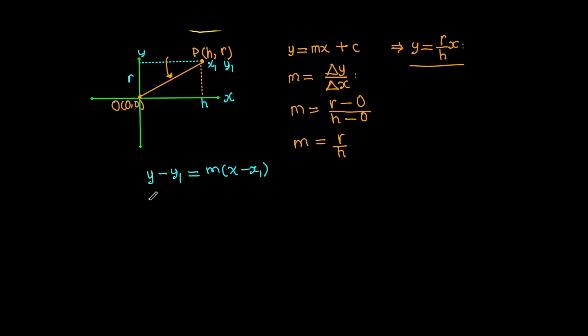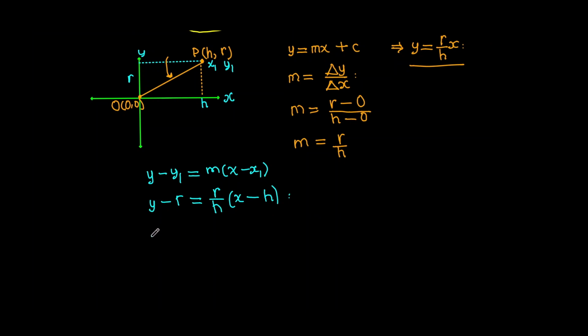So let's make a substitution for us to see how this c got removed. We have y minus y1, which is r, equals m, which is r over h, multiplied by x minus x1, which is h.